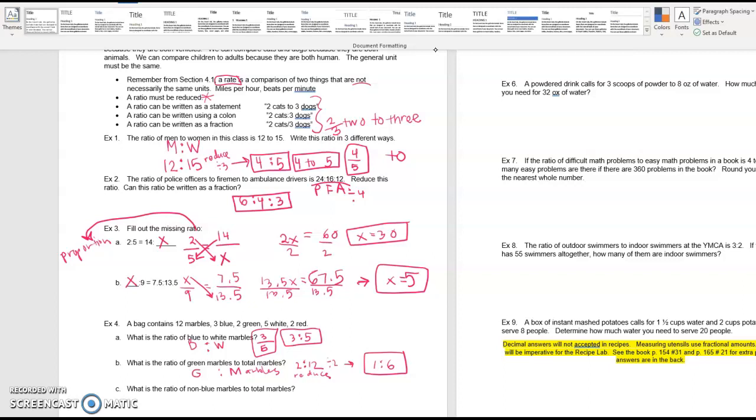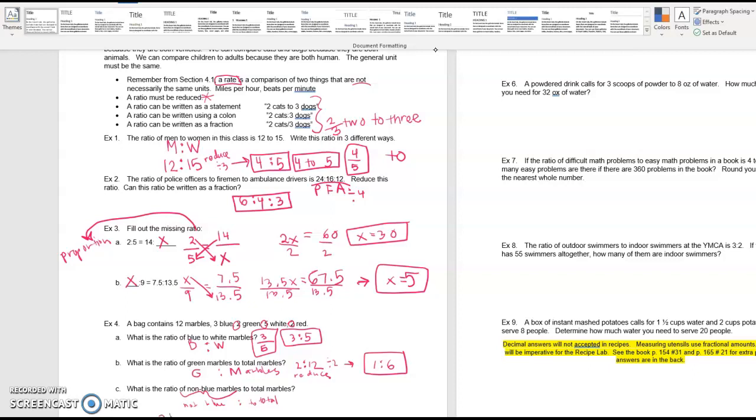And then C, what is the ratio of, okay, now this is a good one, non-blue to the total. So we're going to say not blue to the total. Well, not blue means they could be green, white, or red. So let's see, that's 2 plus 5 plus 2.